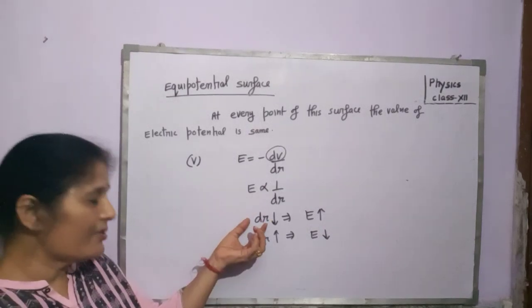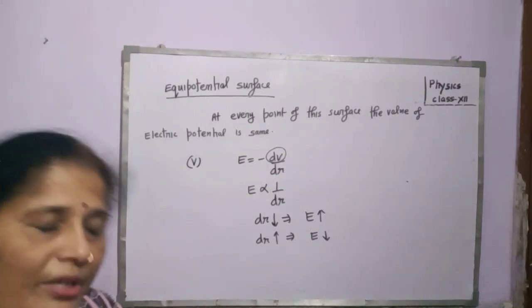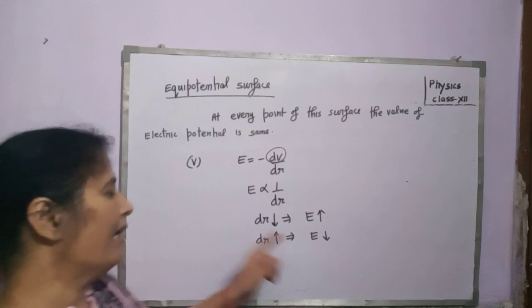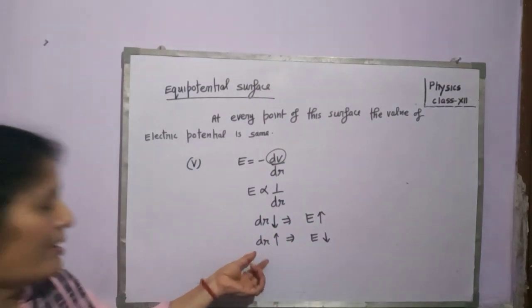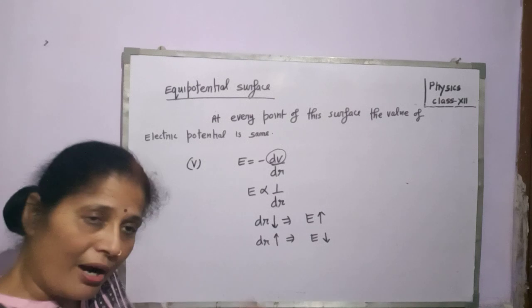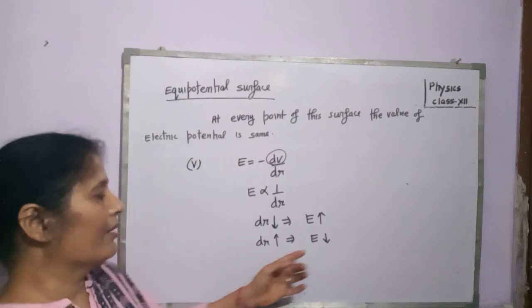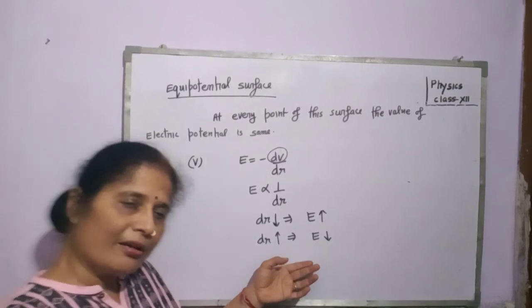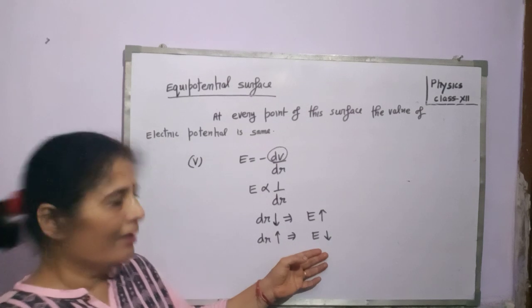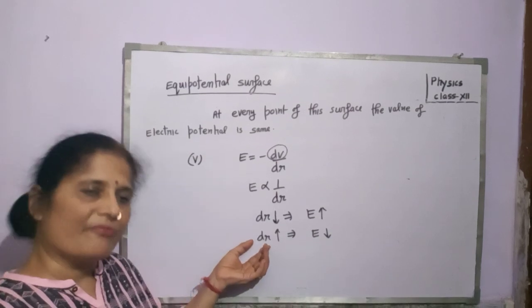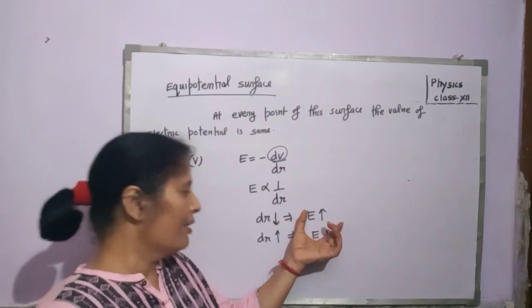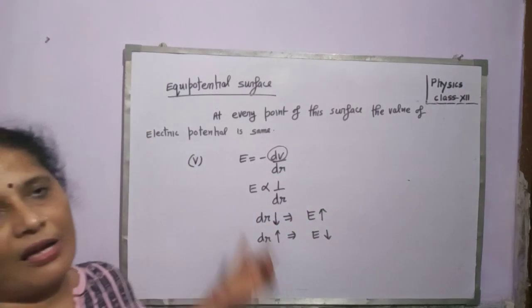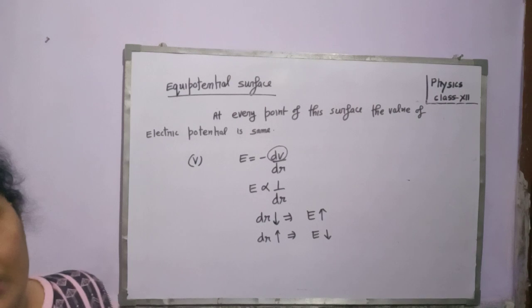If the equipotential surfaces are close to each other, that means in that region the electric field is strong. If the equipotential surfaces are farther apart, then the electric field between them is weak. For the weaker electric field, the equipotential surfaces are further apart. For the strong electric field, the equipotential surfaces are close to each other.